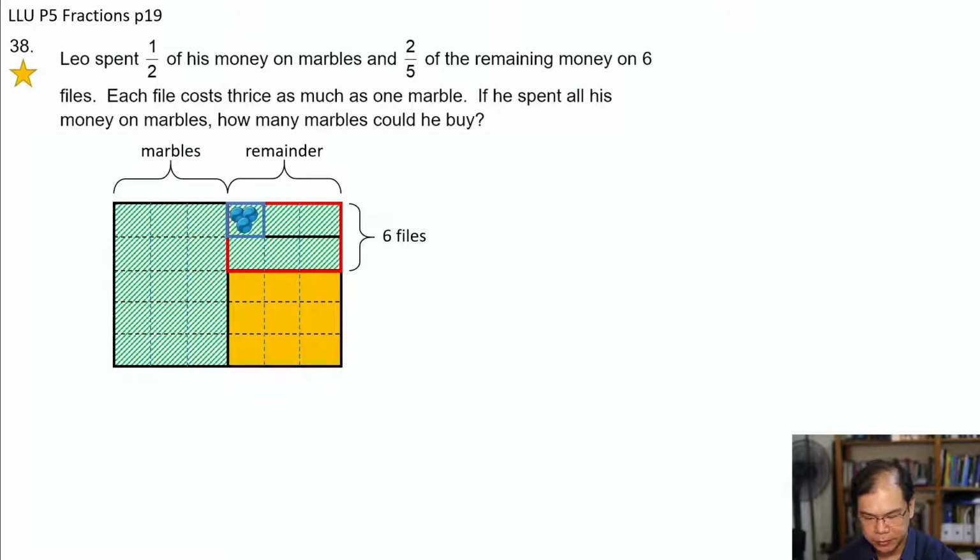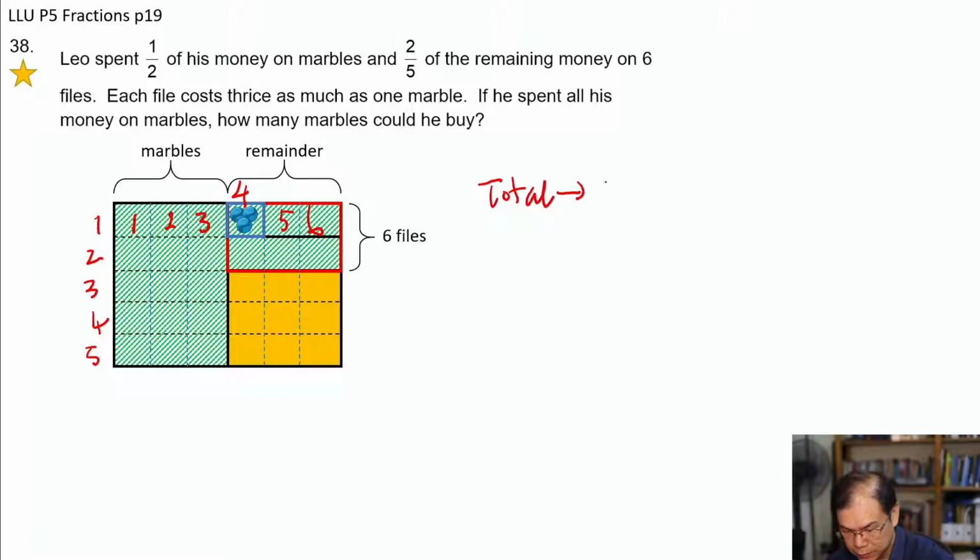If he spends all his money on marbles, how many marbles can he buy? So how many units are there in total? 1, 2, 3, 4, 5, 6 in 1 row. I have 5 rows, so the total is 6 times 5, 30 units.